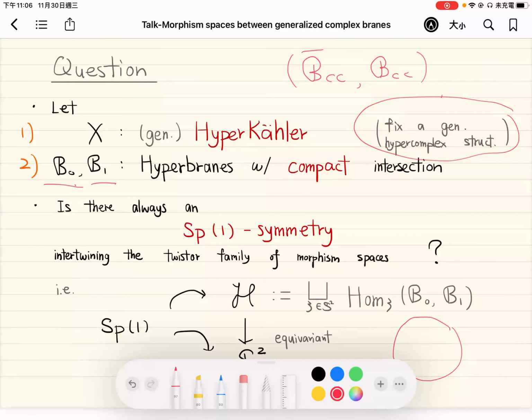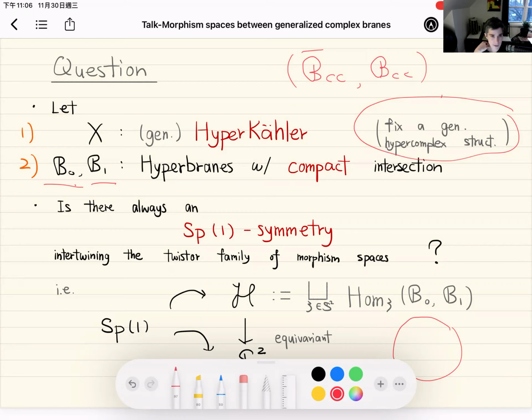Now, usually, like in the work of Hitchin and Witten, what they required was that you have the space of polarizations, then you had a flat connection on the bundle over that space. But in this case, what's happening is that you have a rotation group that is acting on the space of polarizations, and you just want to be able to make this bundle of cohomologies equivariant with respect to that action.